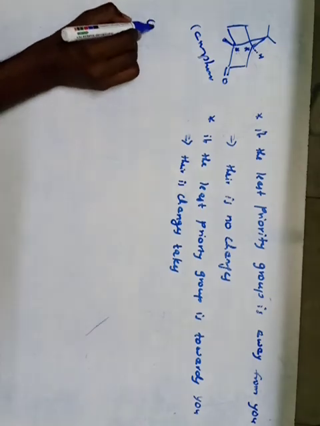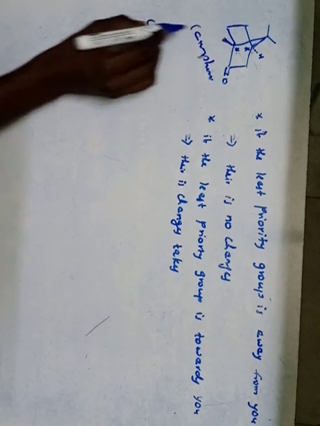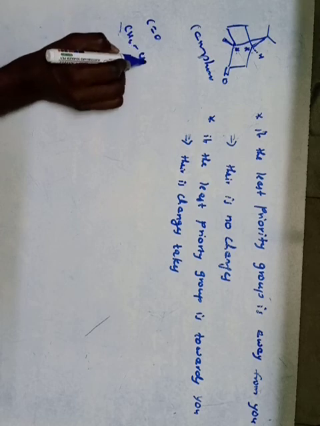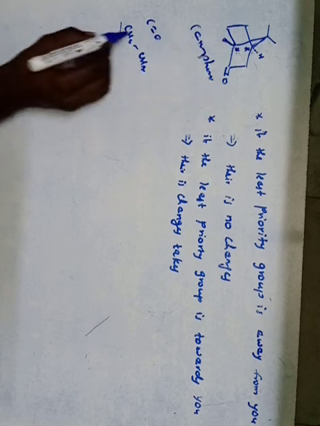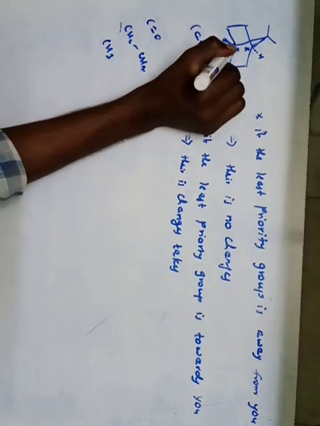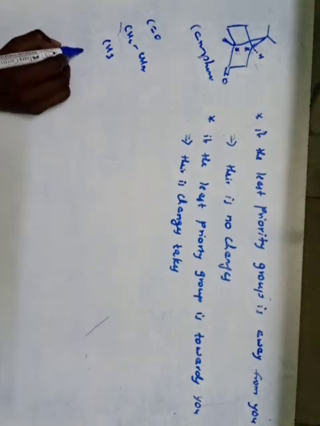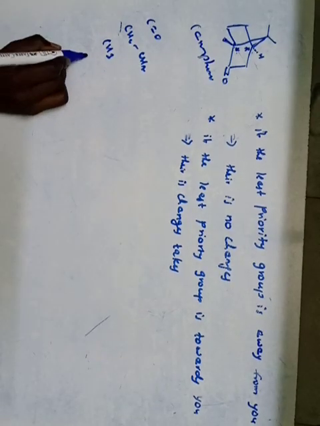Here a C double bond O group is there. This carbon is attached to a CH2 group, CH2 group again, and one methyl group CH3 is attached to this chiral center, and again this chiral center will be attached to this one.